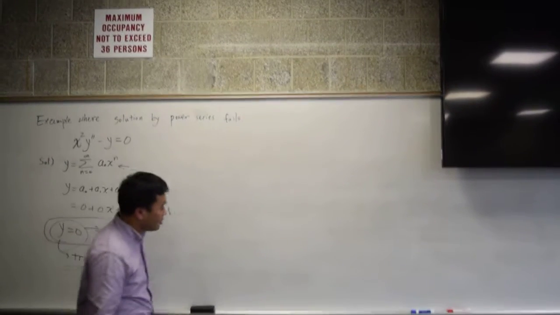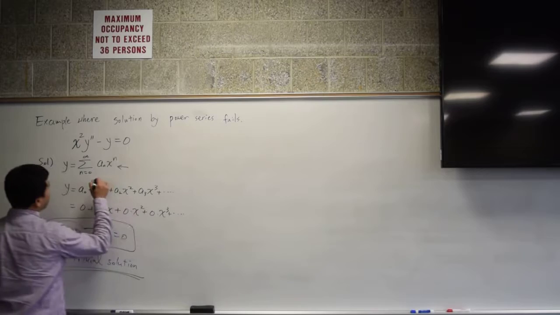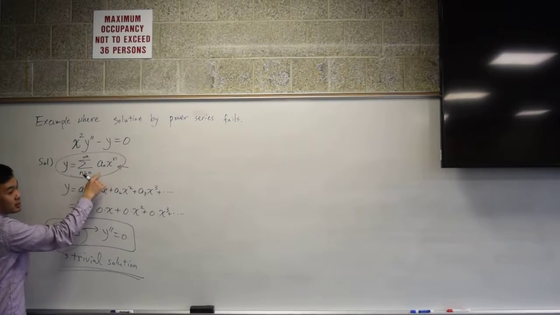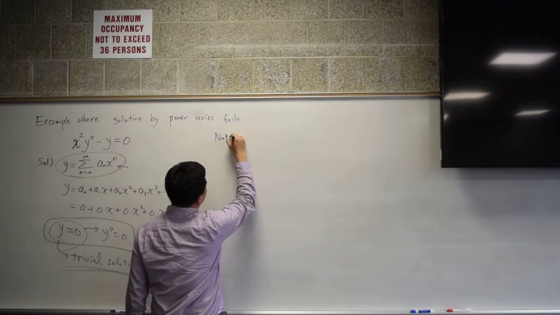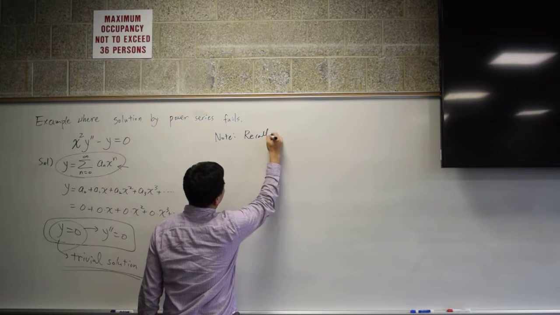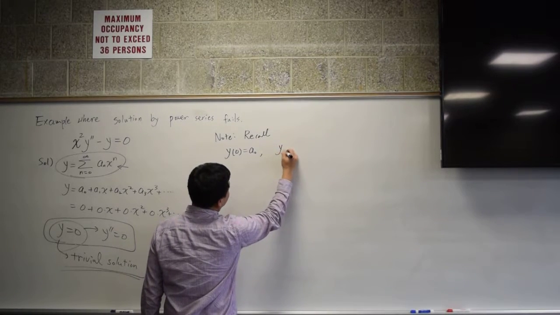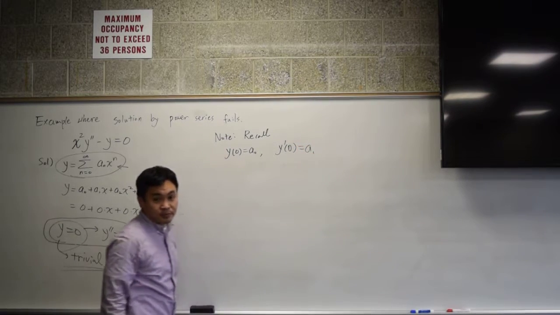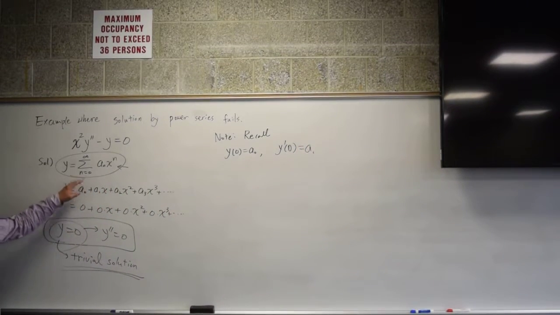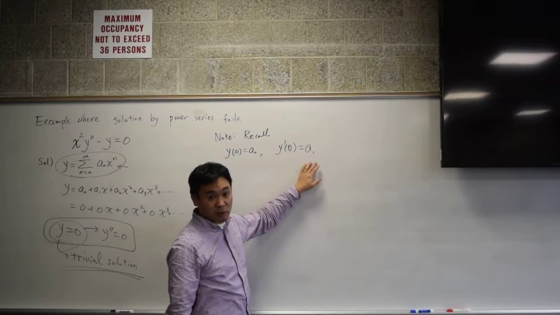Well, it's like this. We learned before that if you have a power series solution like this, then recall that y of 0 is a0, and y prime of 0 is a1. When you set your solution in this form, then y of 0 is a0 and y prime of 0 is a1, right?